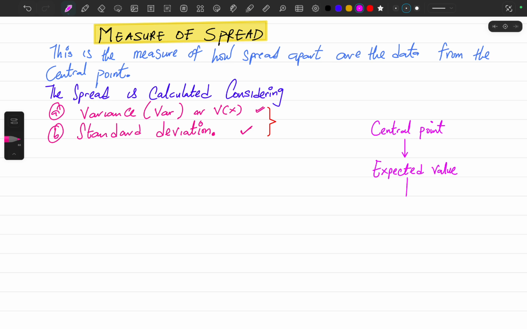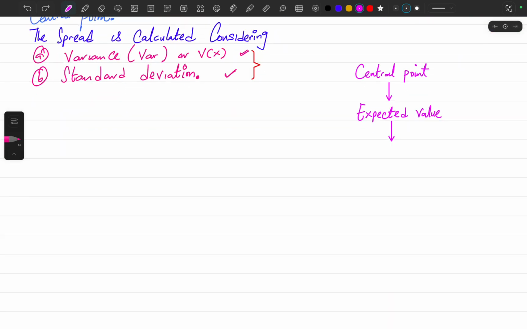And when I say the expected value, that is definitely the mean, is that not? That is the mean.